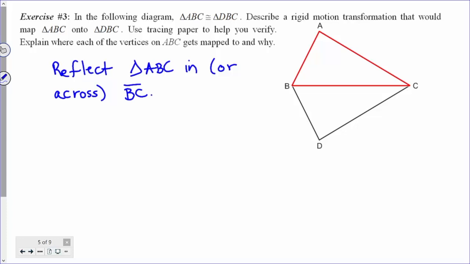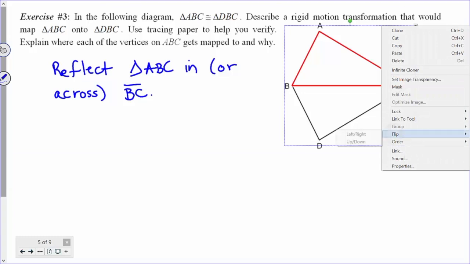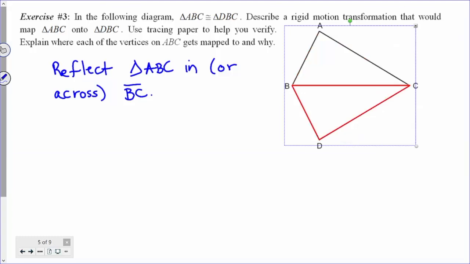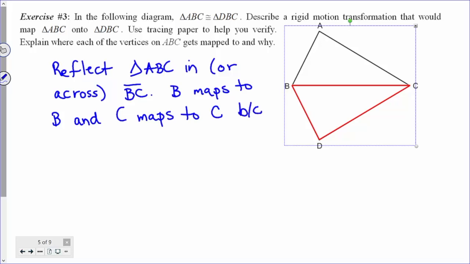In other words, we're going to take this red triangle and flip it across segment BC. And what's going to happen is B maps to B, and C maps to C because they lie on the line of reflection.